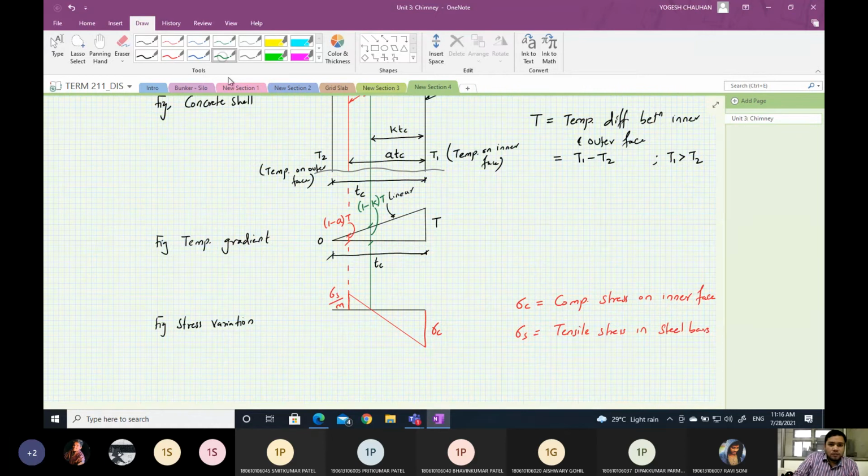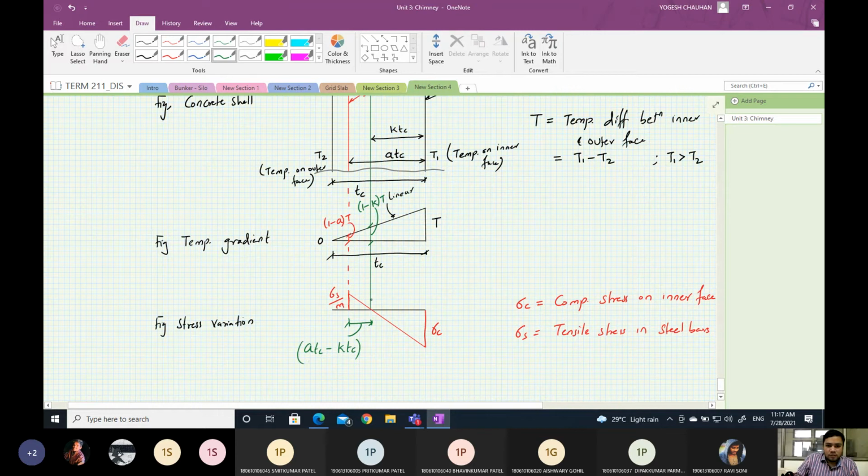This distance will be equal to, this is A times TC and this is K times TC. So this will be A minus K times TC, or you can write this as A TC minus K TC.